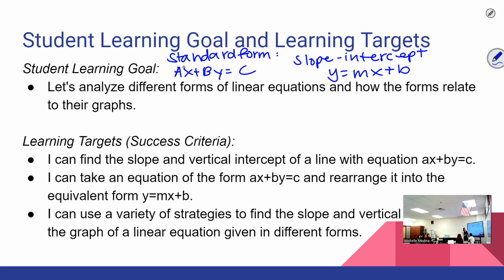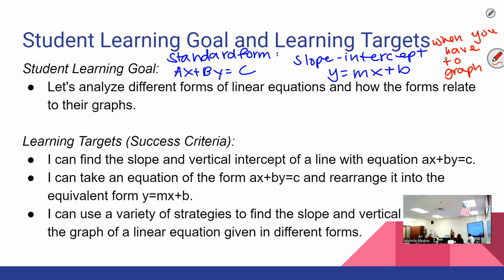What are the pros of using slope-intercept form? When would you rather have slope-intercept form over standard form? When you have to graph. Because what can you easily see on the slope-intercept form graph? A different table now.